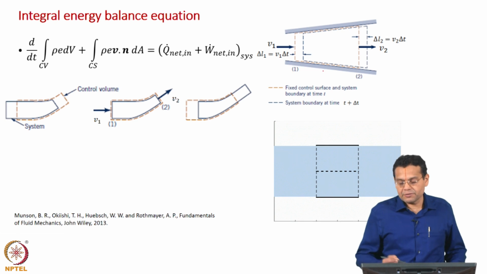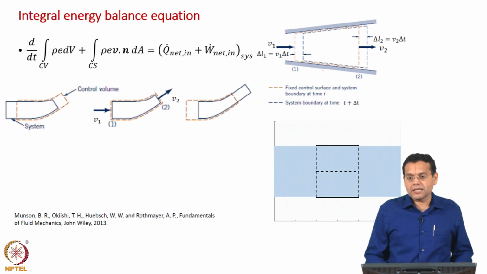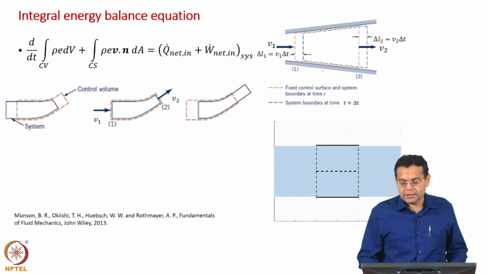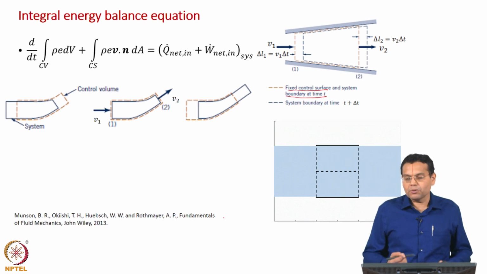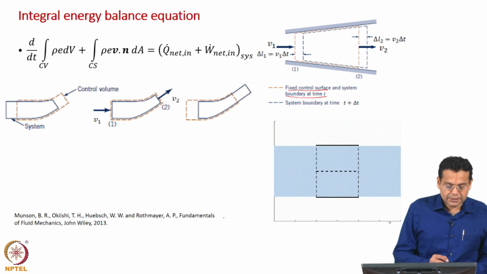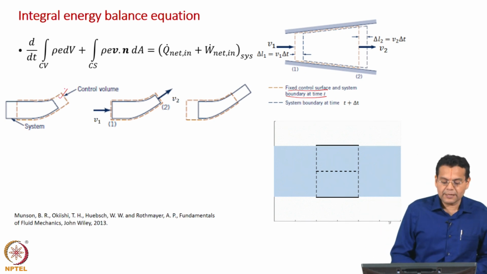In the derivation of the Reynolds transport theorem for the simple geometry, we took the control surface and system boundary at time t to be coincident with each other, meaning that the control volume and system are coincident with each other. Second way of representing the control volume is shown here.